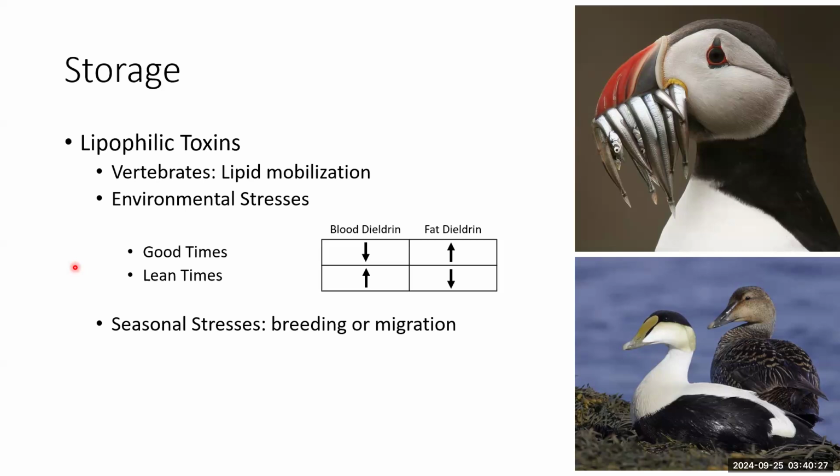They're going to start to mobilize those, break down those fat molecules into sugar to do cellular respiration. And when that happens, we release the dieldrin that was stored in the fat into the blood. So this stored fat dieldrin in good times becomes the circulating blood dieldrin in lean times.